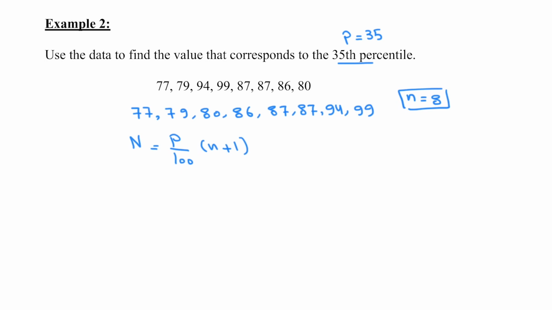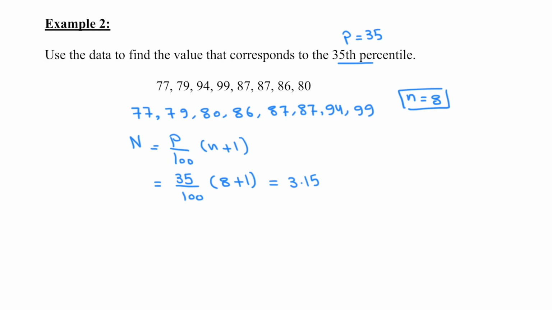Now let's replace each variable with its equivalent value. So we can write 35 divided by 100 multiplied by the sum of 8 and 1. The answer is 3.15.